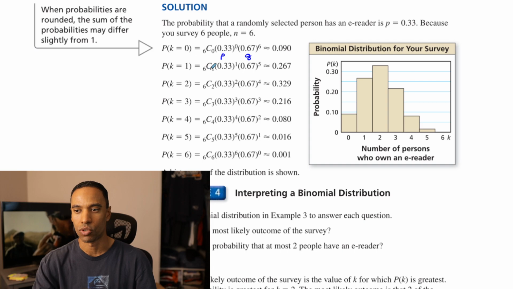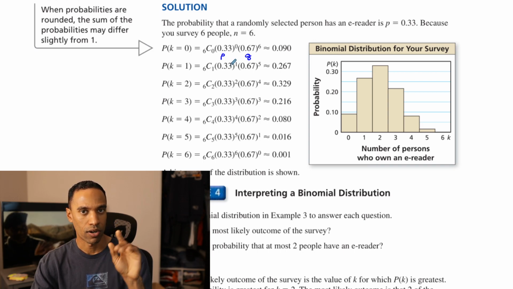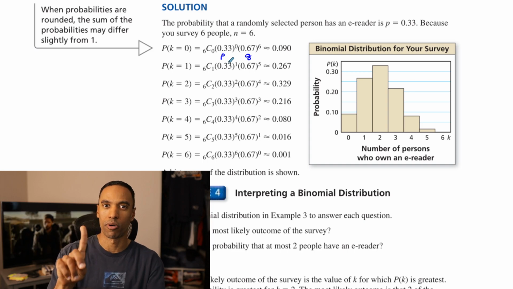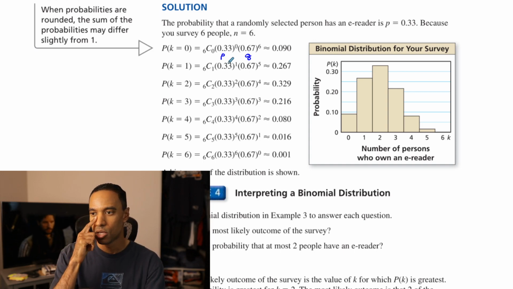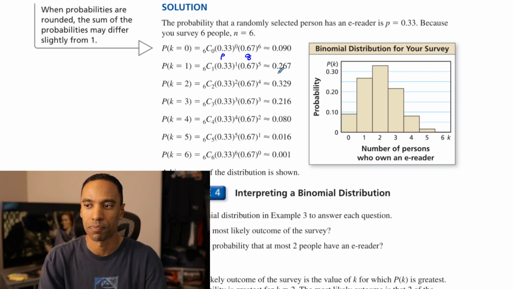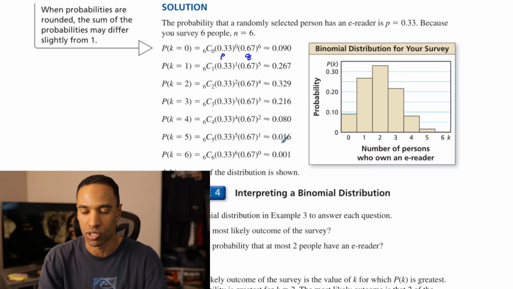So there's 6 different ways to do that. The probability of success is 1/3. So there's one person who owns an e-reader and 5 people do not. What's the probability that one person does and this person does not, and this person does not, this person does not, this person does? That's why the formula is working the way that it is. Anyway, they compute these probabilities, and remember, these are decimal equivalents of percentages.